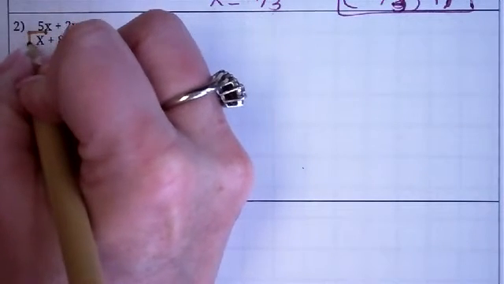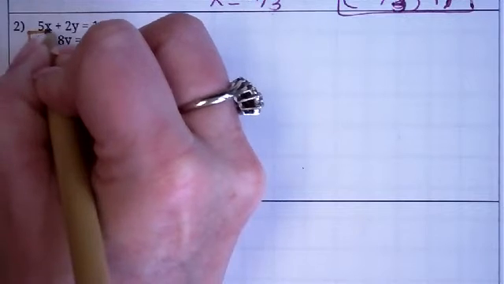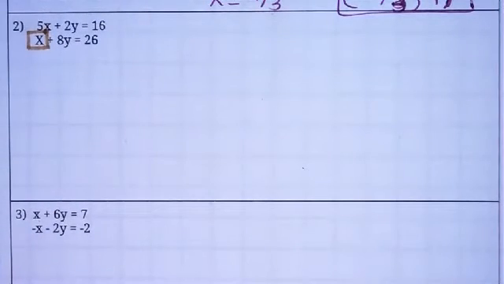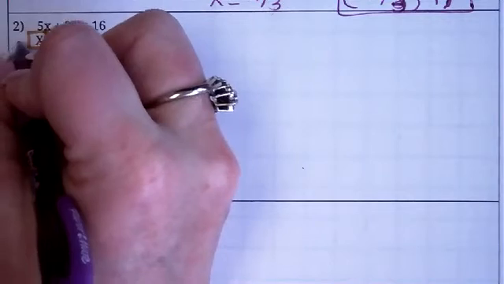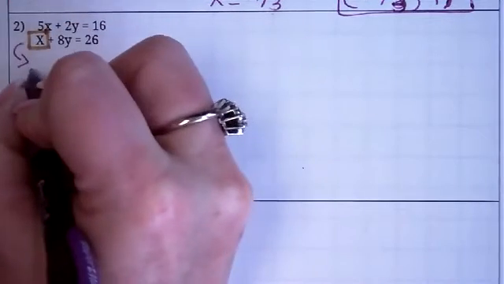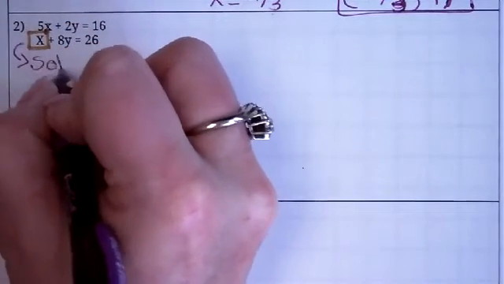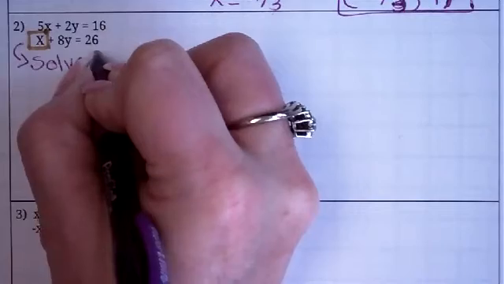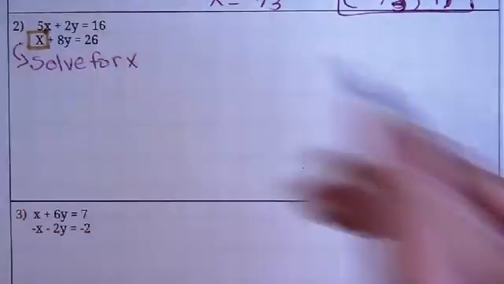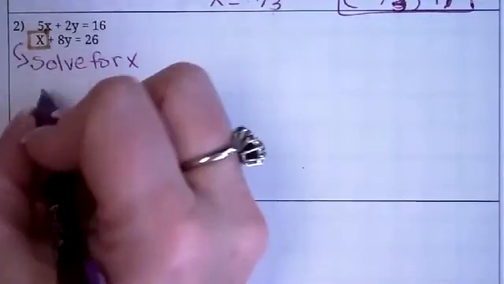See how this second one has just that little plain x, 1x. I want to use that 1x, okay? So the first thing I'm actually going to do is solve that equation for x. So what does that mean for me?